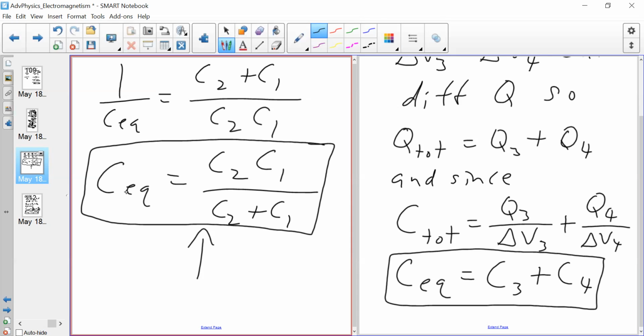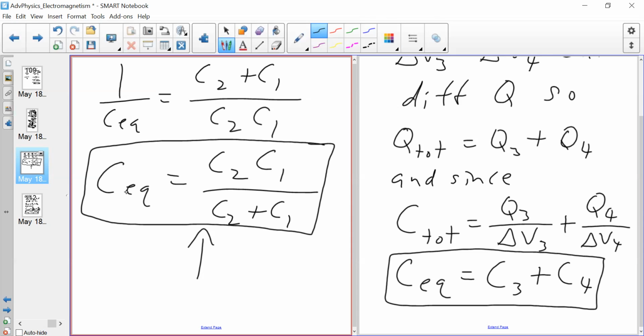We'll come back to these capacitor combinations. But does everybody see that for both the parallel cases? Any issues there? Mr. Kelly.